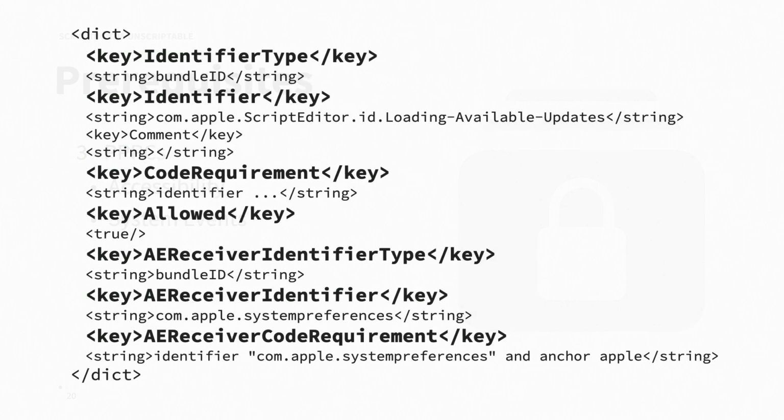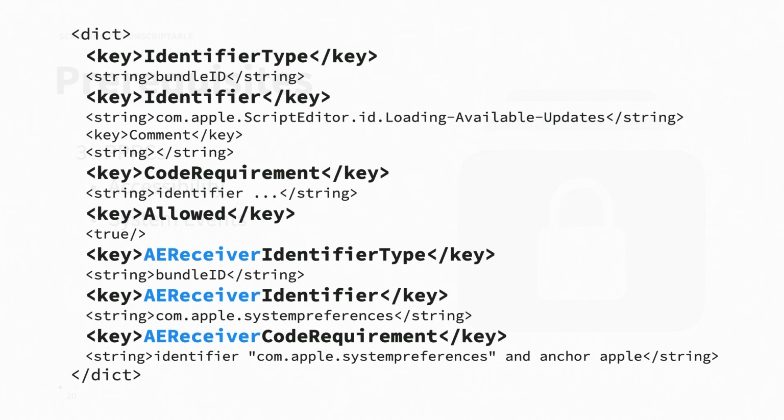So, same basic infrastructure, especially at the top, fundamentally identical. Identifier type, identifier, code requirement, allowed set to true. You'll love to see it. We got something special down here. So we have another iteration of these keys to identify an application, binary, or process, and that is now appended with AE receiver, Apple Events Receivers. Apologies to the room if I got that acronym wrong.